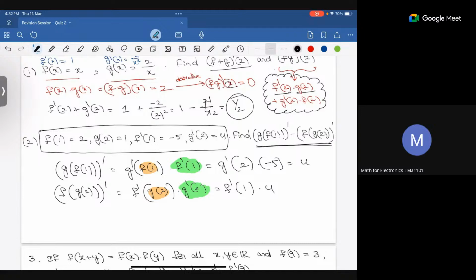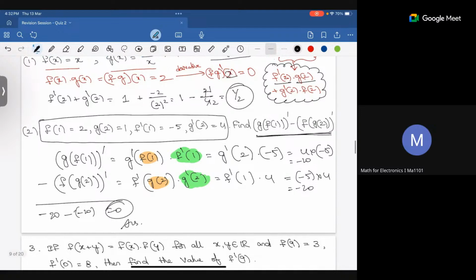So this will just become 4 times -5. And f prime of 1 is -5. So this is -5 times 4. Okay, so now what do I have to do? Both are -20. If I subtract both of them, it will give me 0. So this minus this is -20 minus -20, which will give me 0. So that is how we can solve this.